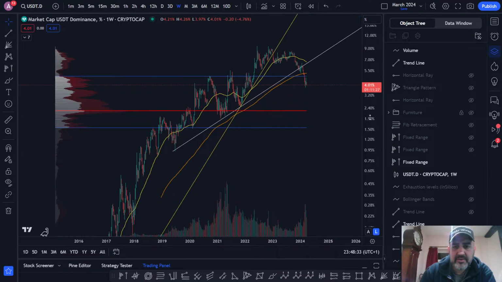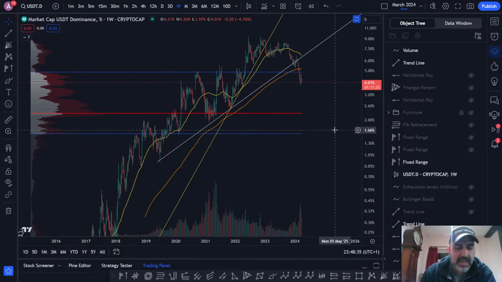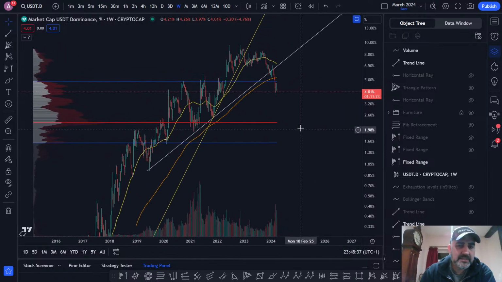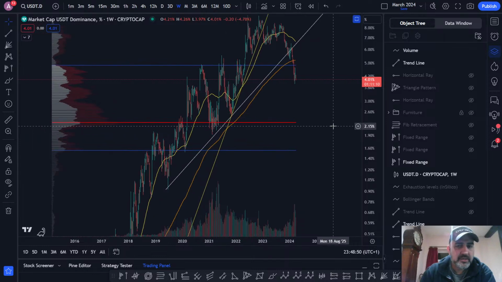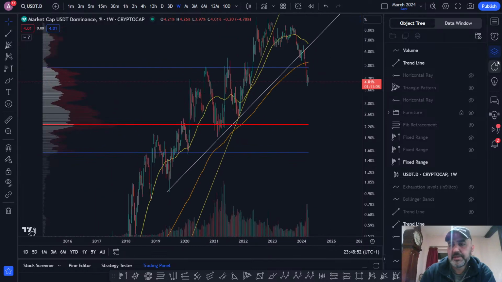So the next area of big support, and this is very important for us when it comes to Bitcoin. This is going to be really crucial for us to get back into USDT when this price hits the point of control. It's a real important indicator: when the USDT.D comes into support, that is going to time correctly with the crypto market cap coming into resistance.